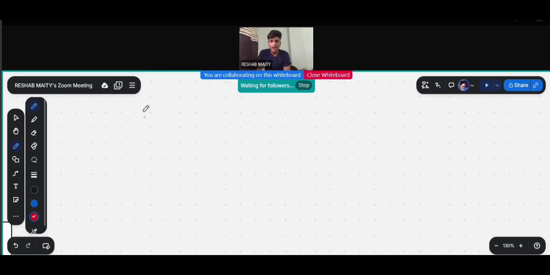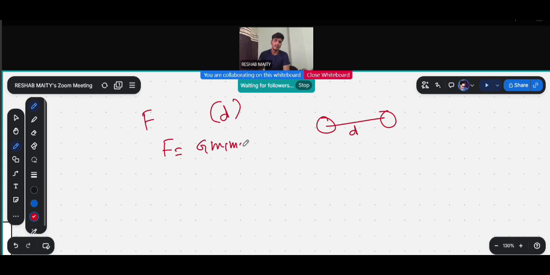Now we will see how F actually changes with changing d. If there are two objects and the distance between their centers is d, and we change the distance, I am sure that the gravitational attraction force between them will also change.